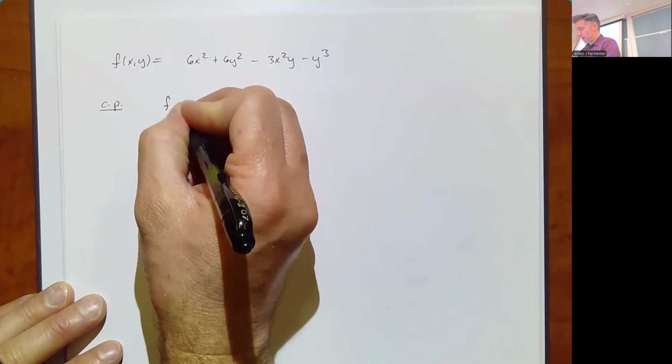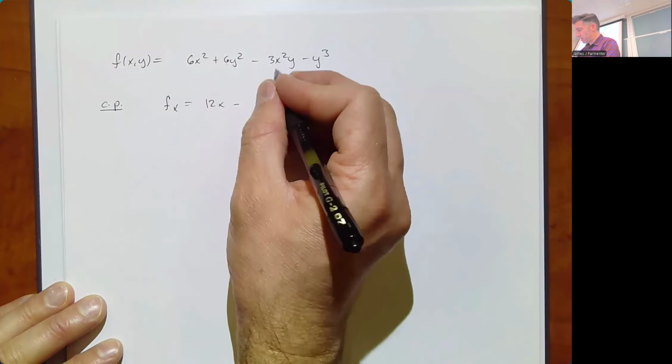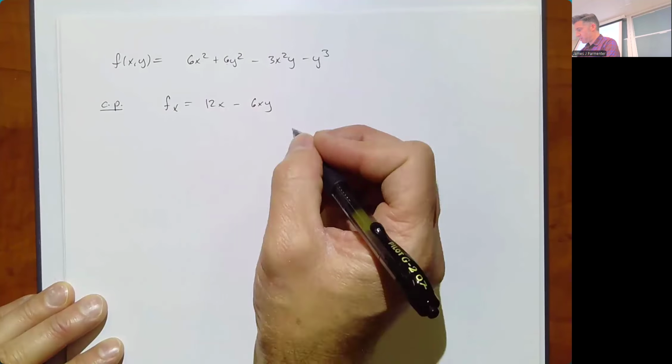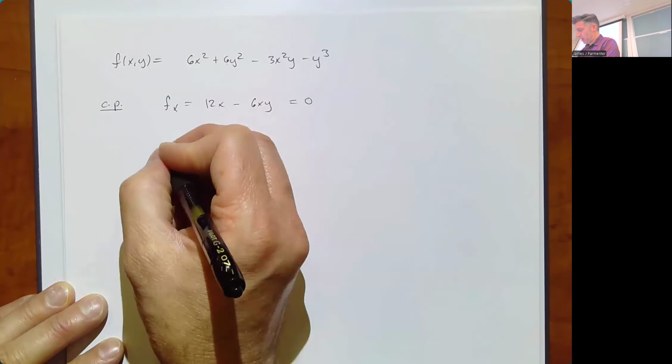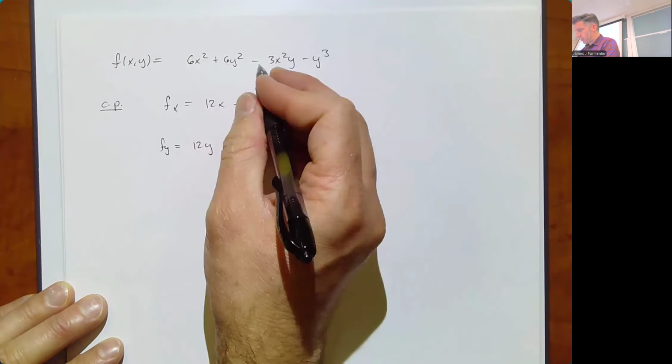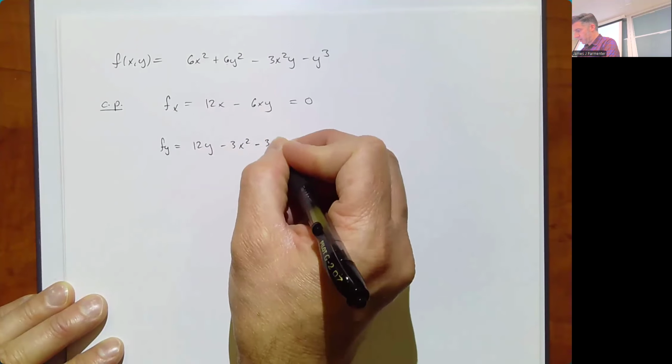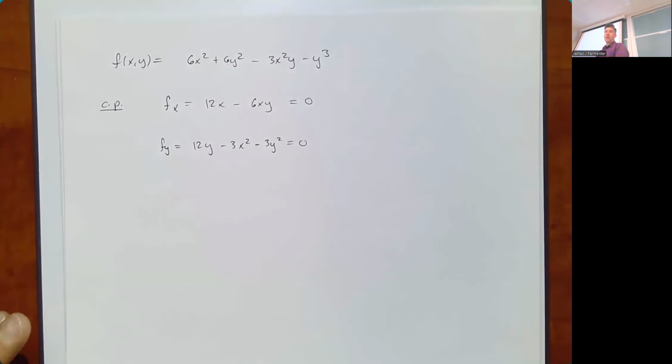We're going to find the critical points by setting each of the partials equal to 0. So fx is going to be 12x plus 0 minus 6xy, equal to 0. And fy is going to be 12y minus 3x squared minus 3y squared, equal to 0. Both of these look not great.